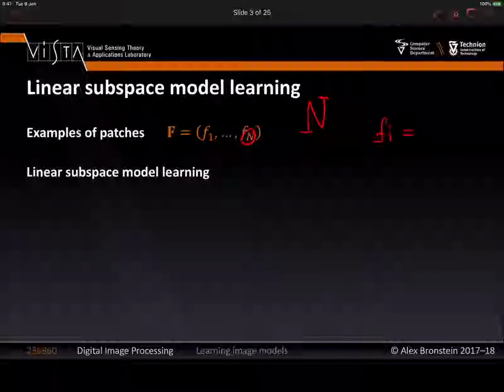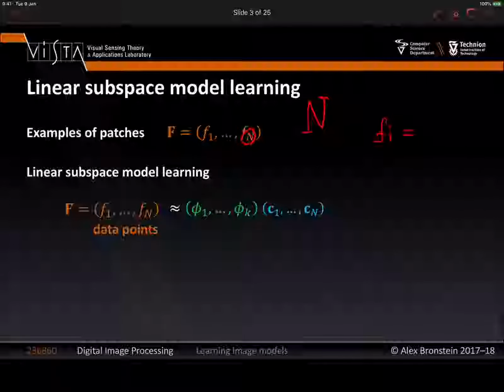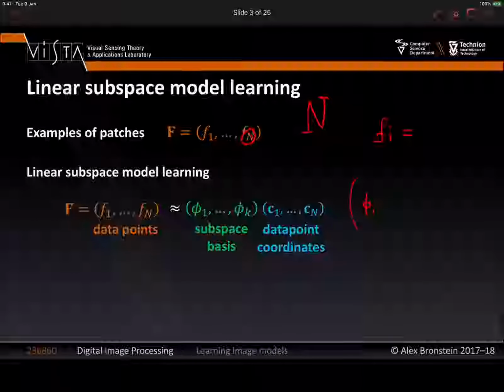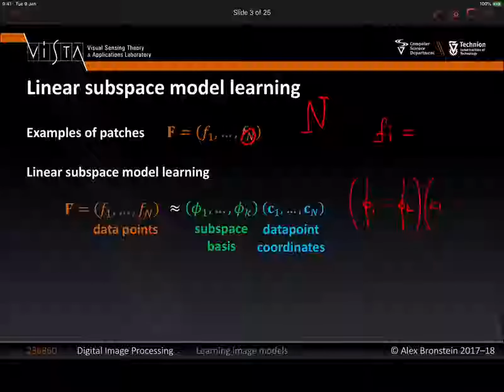So I would essentially like to represent my data points, my patches that I collected, as a product of these subspace basis, k basis functions, times data point coordinates. So if I think of it in terms of matrices, these are columns, phi 1 to phi k, and these are coordinates C1 to Cn.